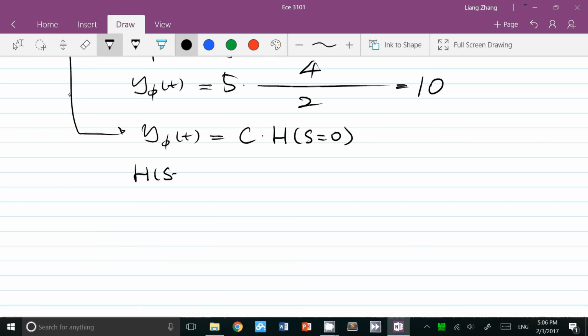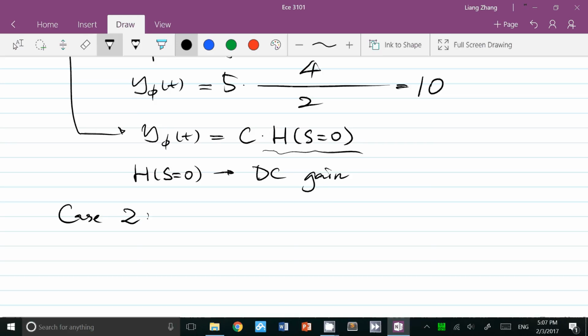And H of s equal to 0 is sometimes called the DC gain of a linear time invariant system. It's very intuitive because this is the amplification factor that the system will apply to a DC input. That's why we call it DC gain: how much gain you will observe when you put in a constant DC signal. This is the first case.